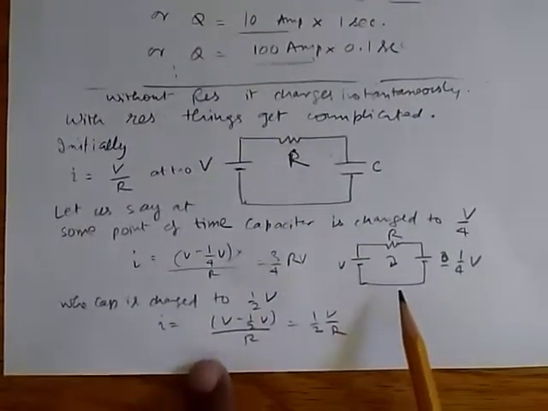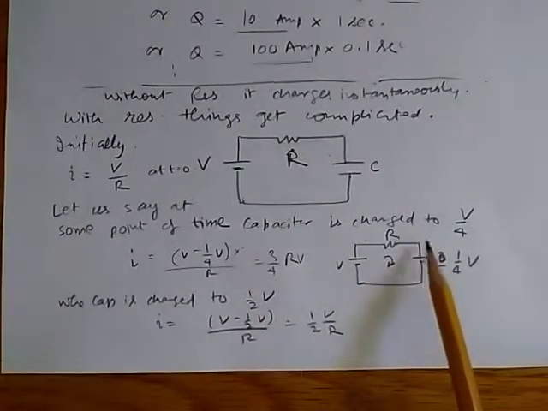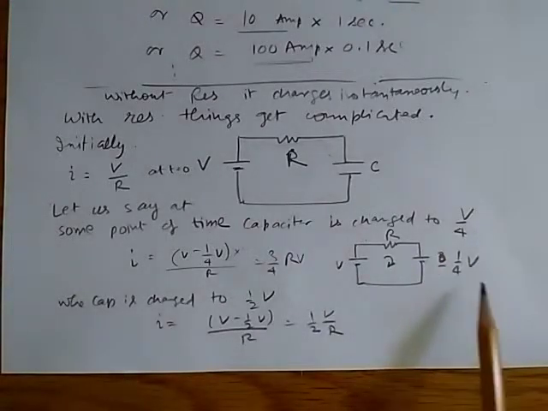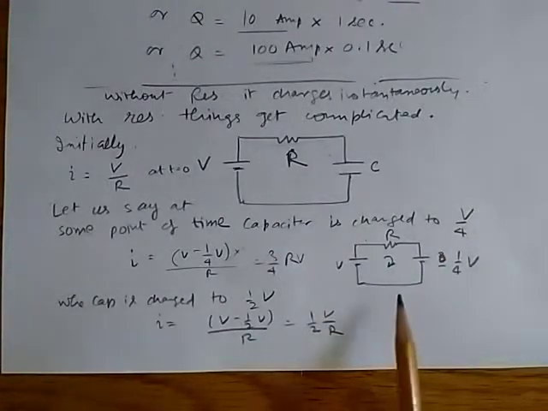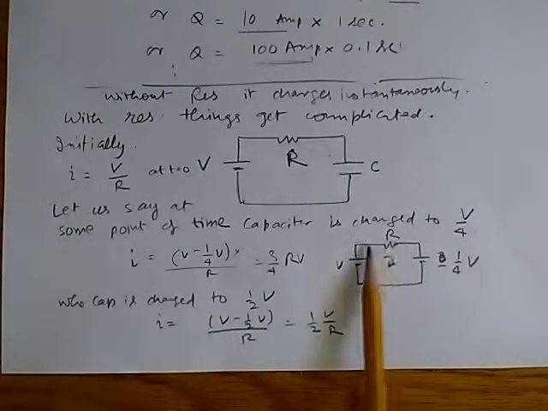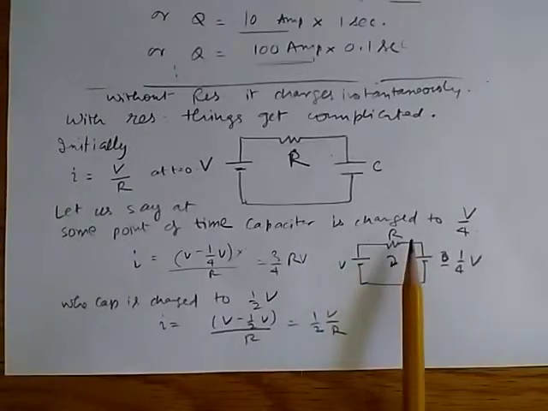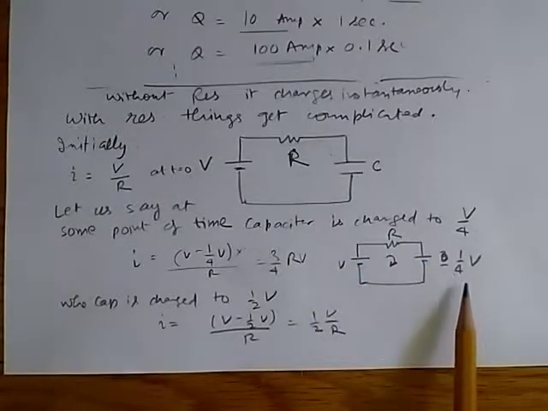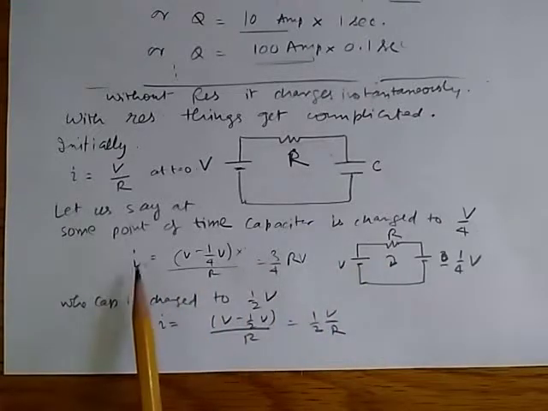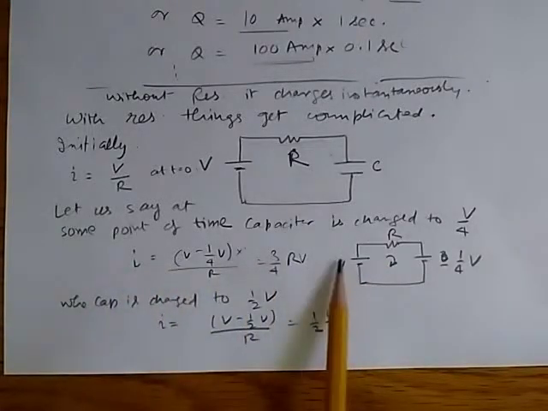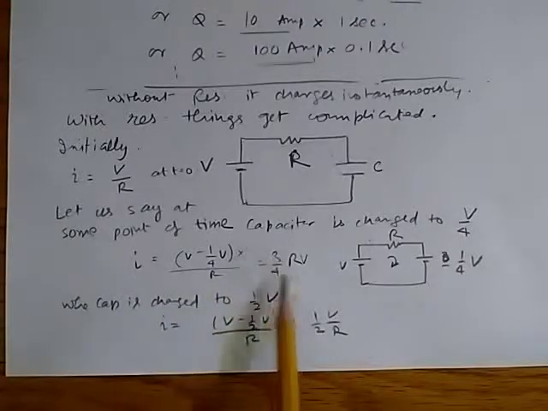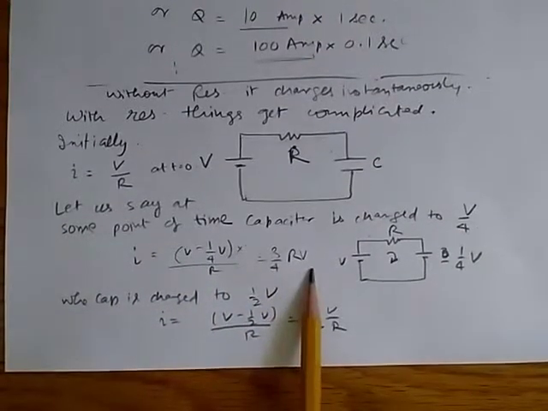You can think of it this way: let's say at some point of time, the voltage accumulated on this capacitor is 1/4 of V. Then the voltage available across this resistor will be V minus 1/4 of V, and the current through this resistor is going to be (V minus 1/4 V) divided by R, or 3/4 of V/R.